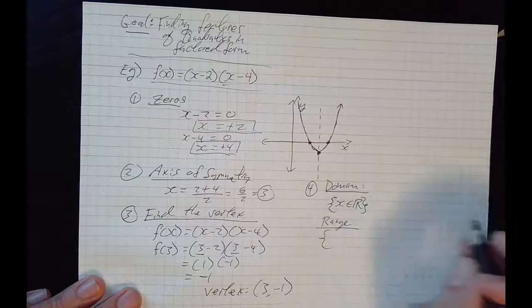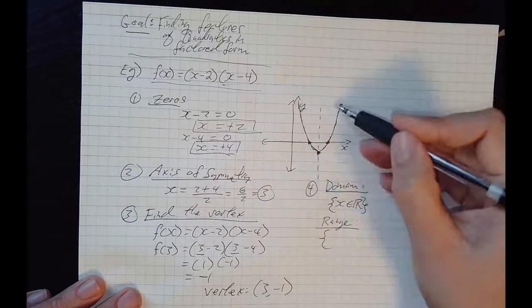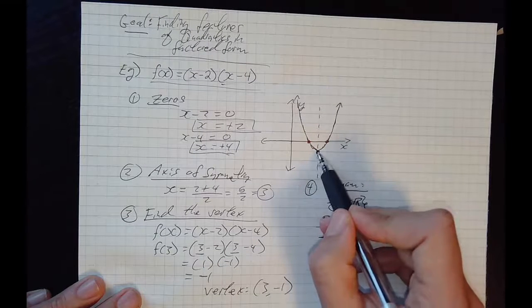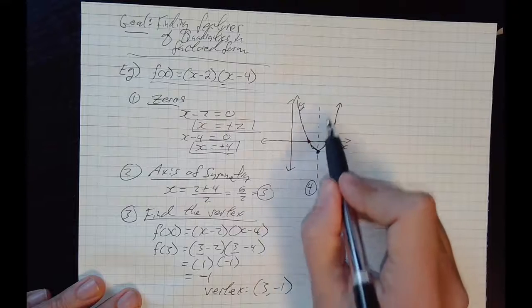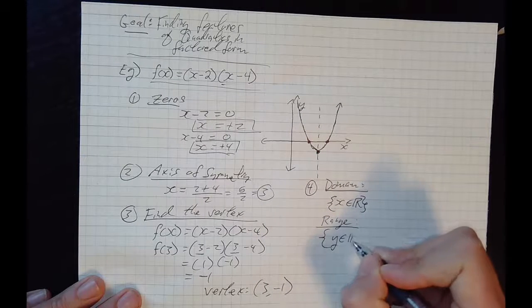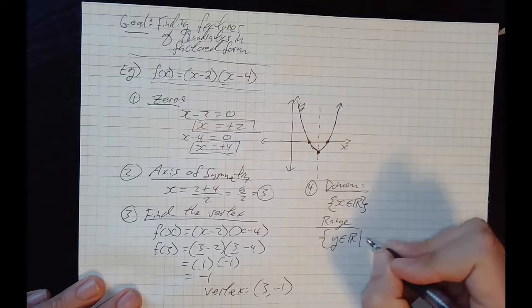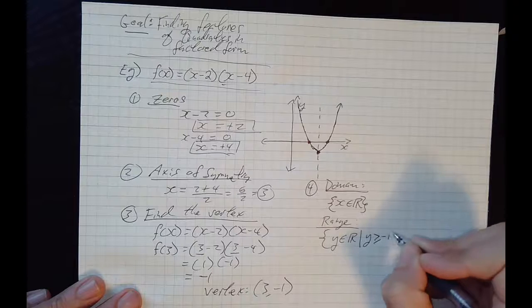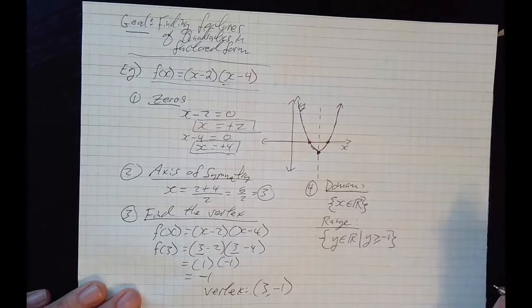For this, I know that y can be a real number, but I also know that y has to be greater than or equal to negative 1. So it can't be lower than that. So y is a real number such that y is greater than or equal to negative 1. And that will be my domain and range.